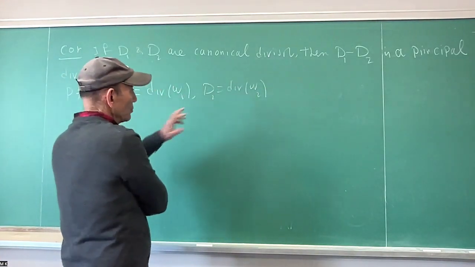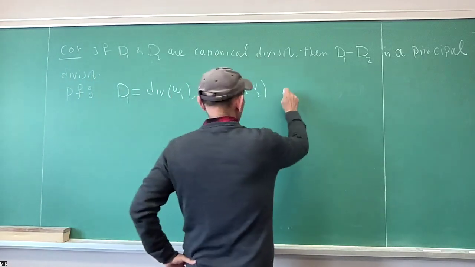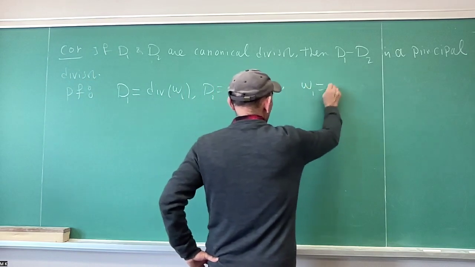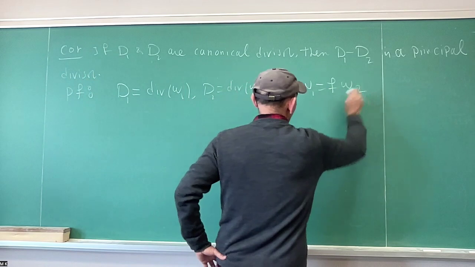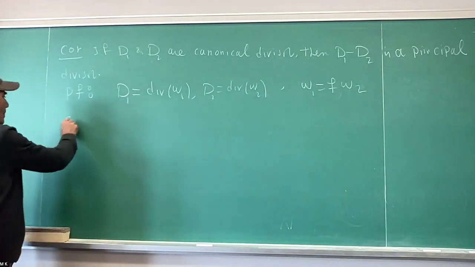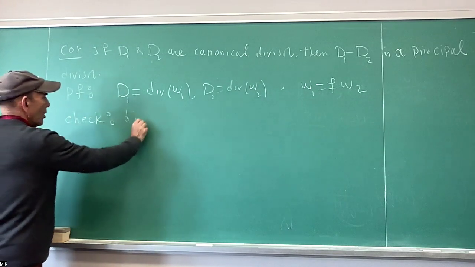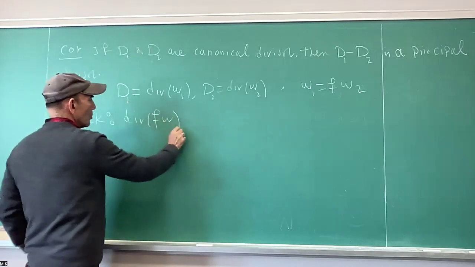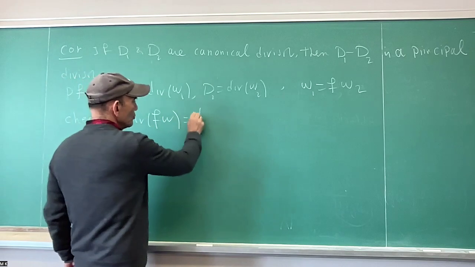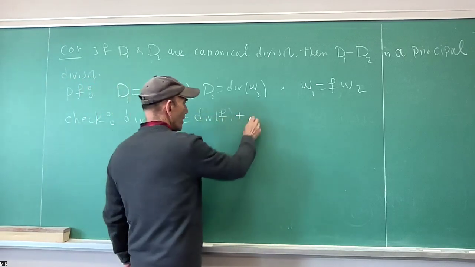And then we are assuming that this omega 2 is not 0, so we write omega 1 equal to F omega 2. Then we use the following formula: the divisor of a meromorphic form multiplied by a meromorphic function is equal to the divisor of F plus the divisor of omega.